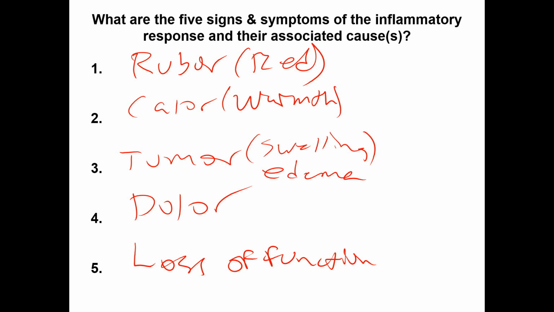The dolor indicates pain. The nerve endings near the site of injury or infection are going to be stimulated, so your pain receptors are triggered. And as a result of this inflammatory process, you can lose function to that particular area, whether it be a digit, an appendage, or a limb. There's going to be a loss of function due to the swelling.